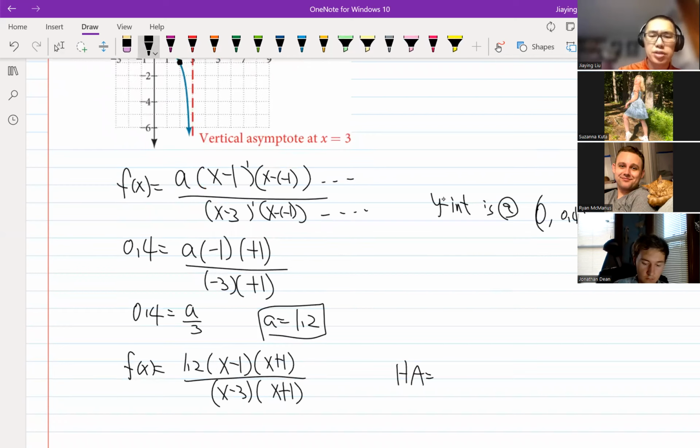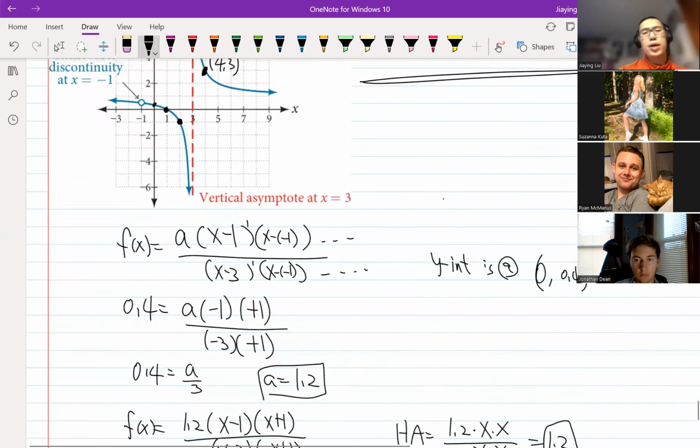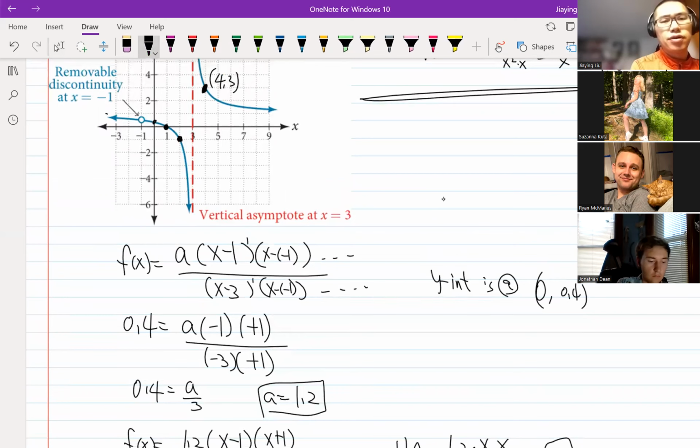If we did it right, it's going to be 1.2. The leading term of the numerator is 1.2 times x times x. The denominator is going to be x times x, so we get 1.2. Okay, I can live with it. Close enough. That's about 1, but if we get 1.2, it's close enough.